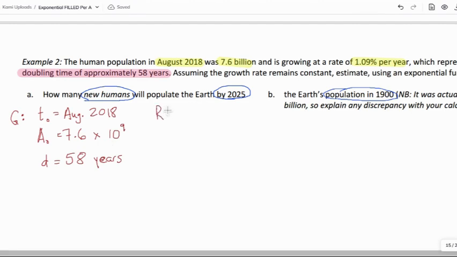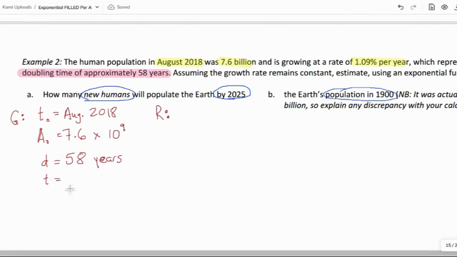Okay, what is required? Oh, I guess there's another given. Let's see. Okay. The other piece that's given in A is time. Let's just write it like this.